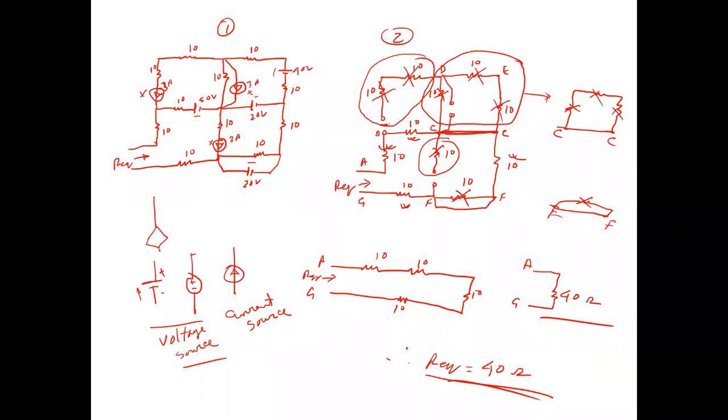Rectangle. Okay, this is the dependent voltage source and this is the dependent current source. So these both are dependent.